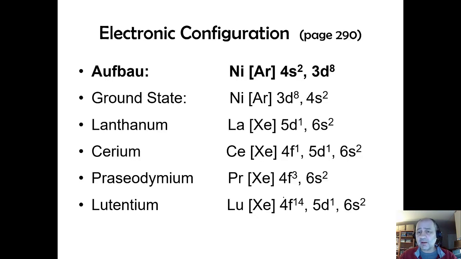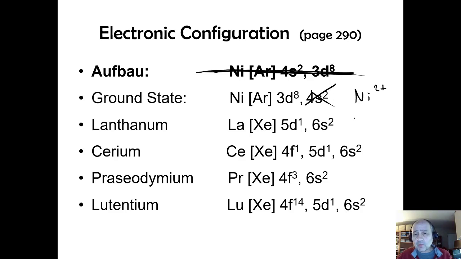So let's take a look at some of the exceptions. We already highlighted that this is not what we do with Aufbau for nickel. The ground state for nickel is 3d8 and then 4s2, and when nickel goes to nickel 2+, we know it's the s electrons that were removed.